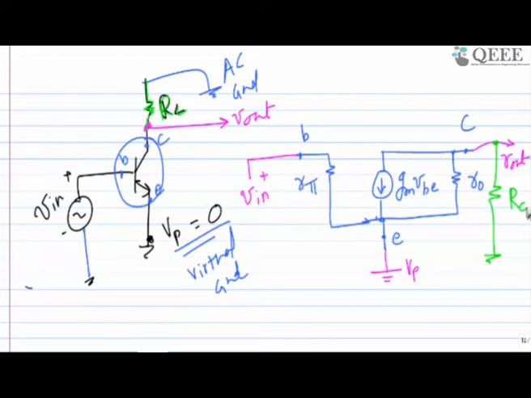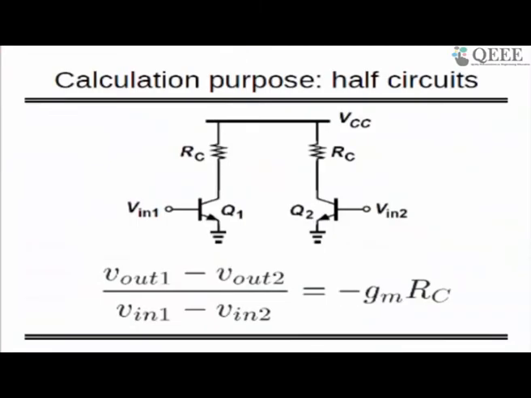This is a small signal model only for the half circuit, because I made it in a half circuit way, since these grounds are not actual ground. Still this circuit is a differential circuit, and I assume that these two are ground because it's AC virtual ground.